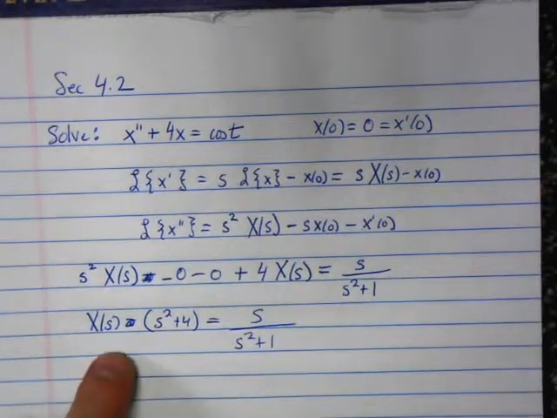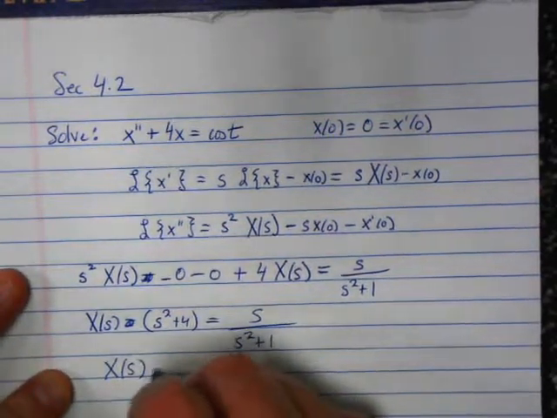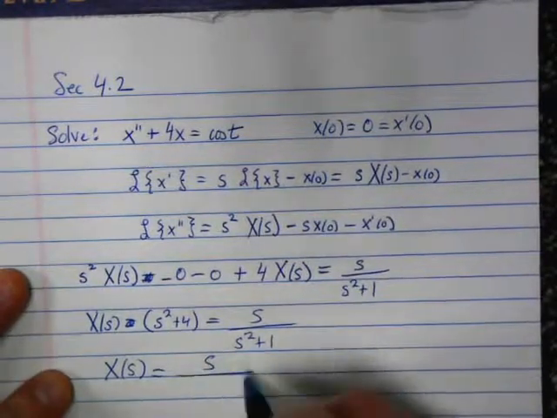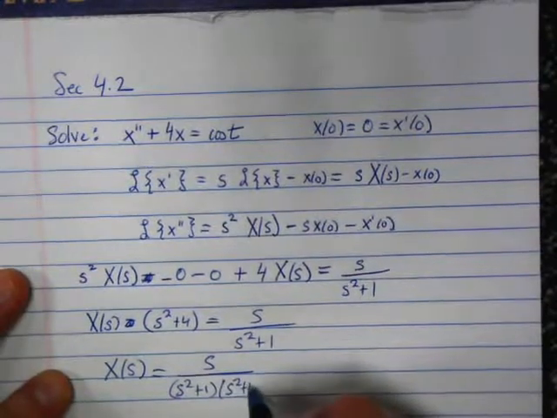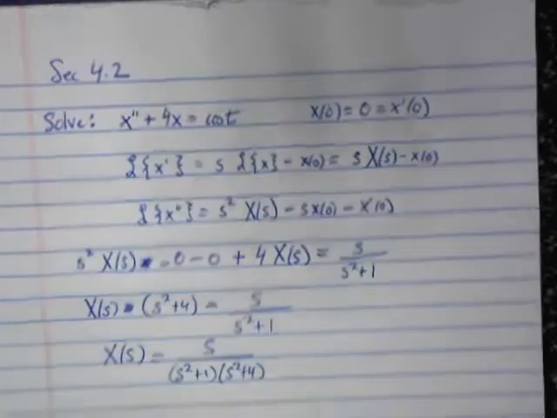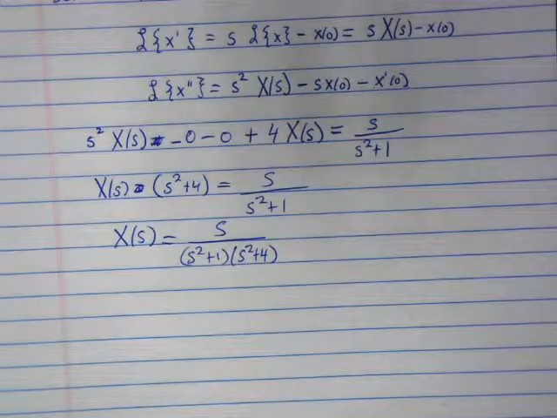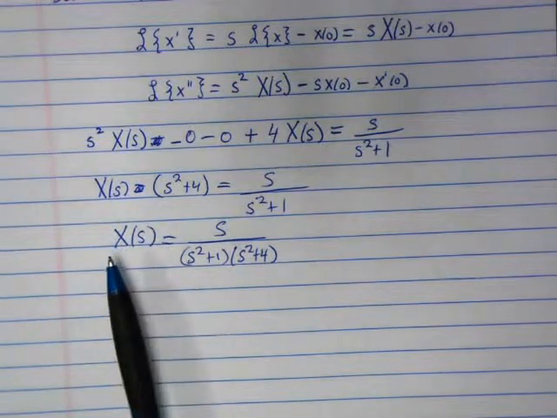All right, so I get this capital X all by itself. Capital X is s over s squared plus 1 times s squared plus 4. Now, what I need to do to finish solving is, remember this capital X stands for the Laplace transform.